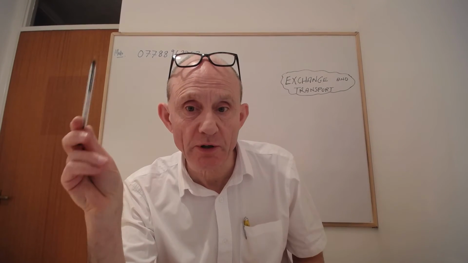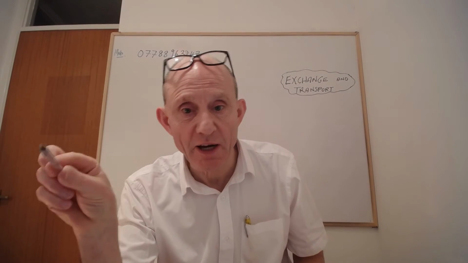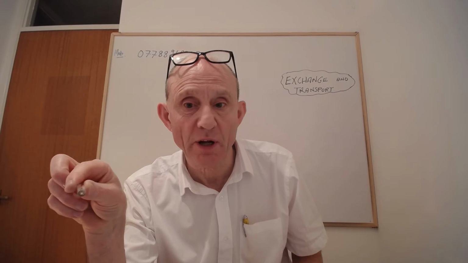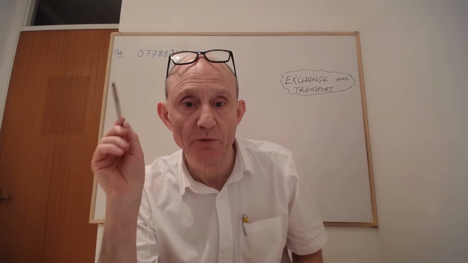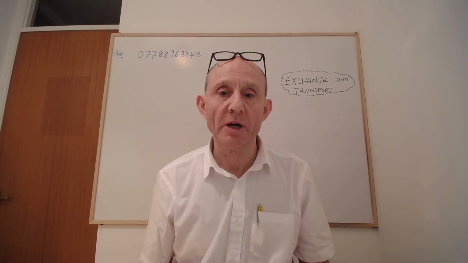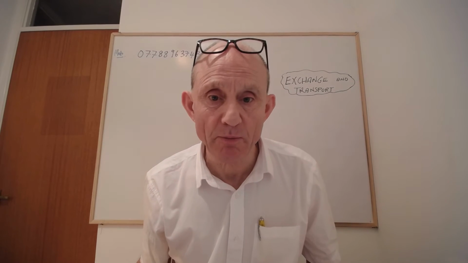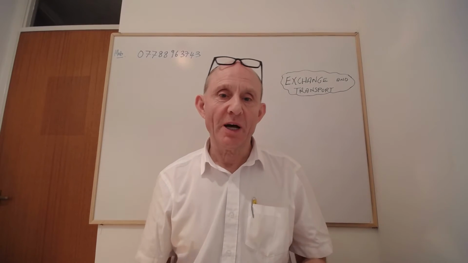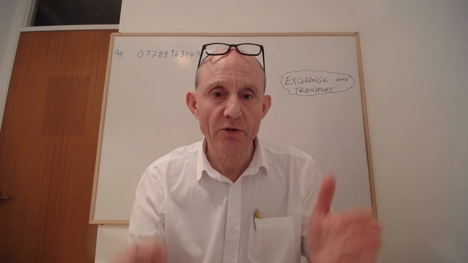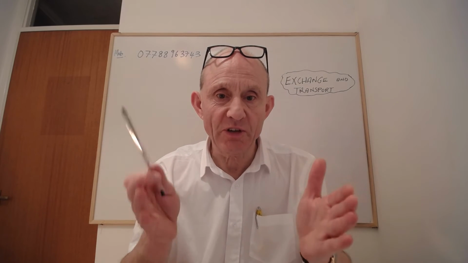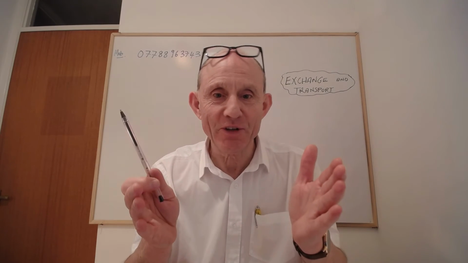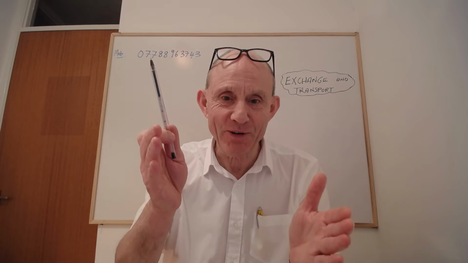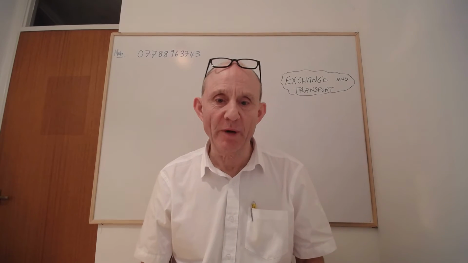The bigger the difference in concentration of the gas either side of the surface, and it doesn't have to be a gas, it can be any other substance, the faster the movement of the substance. So if the concentration of, say, oxygen was the same on either side of a surface, you get no diffusion at all. You need a difference. The bigger the difference, the better.